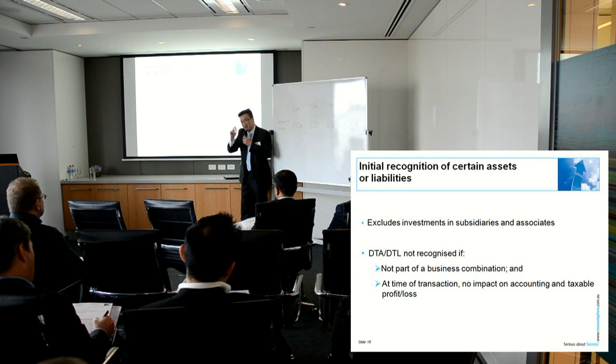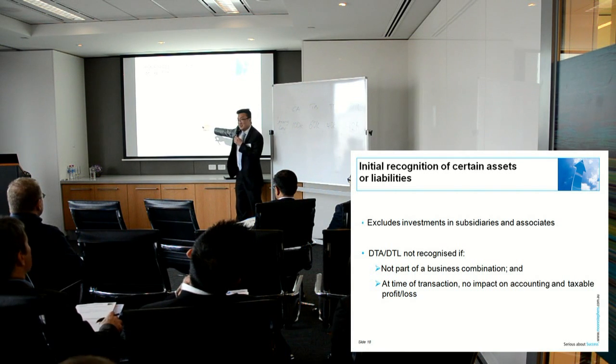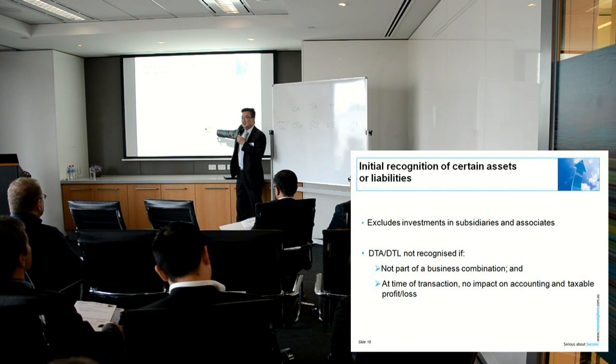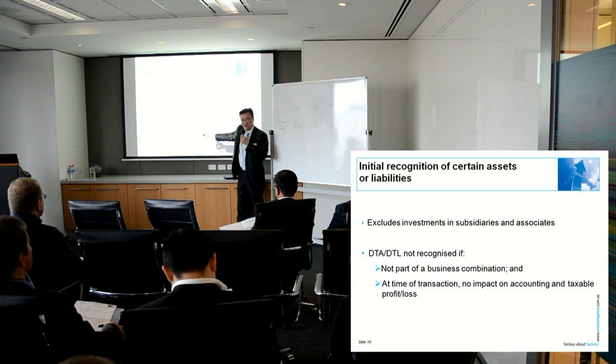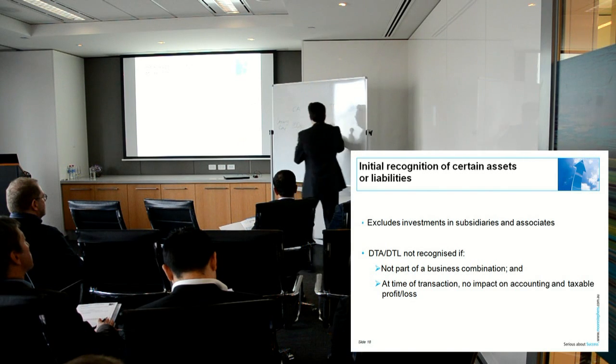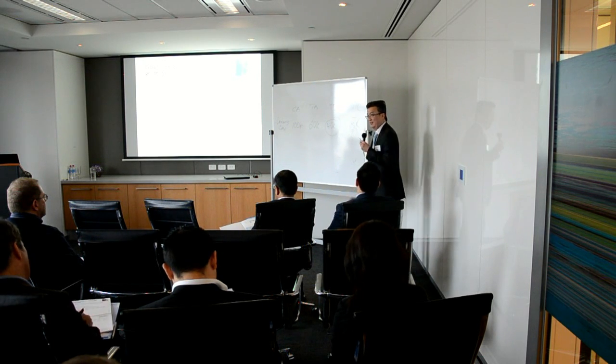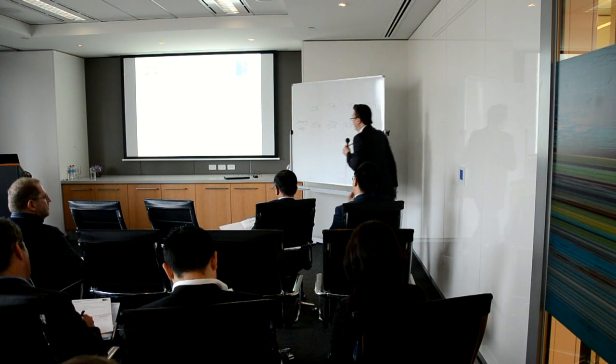When you bought that car, at the very moment you bought that car, did it have any impact on the accounting profit and loss or the taxable income calculation? The answer is no, because it's a balance sheet entry. So I tick that as well. So what that means is that although I have a temporary difference, I do not need to recognize a deferred tax liability for it.